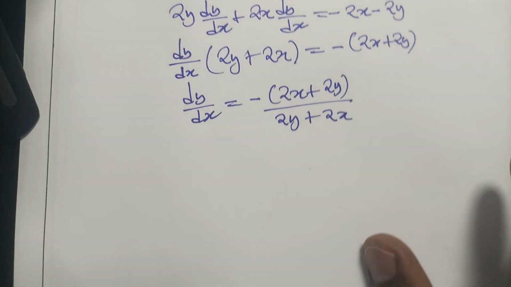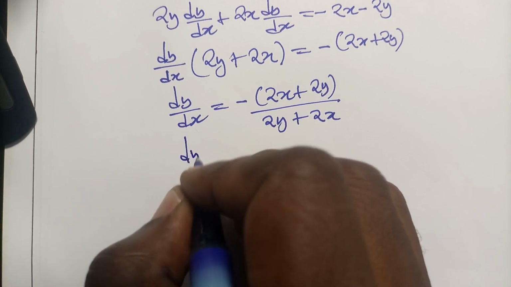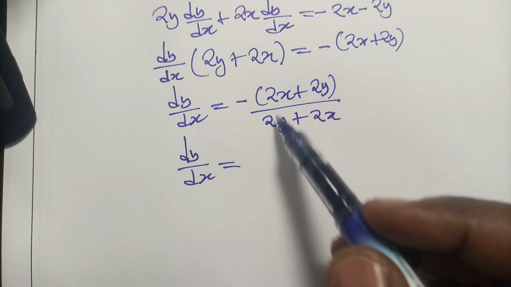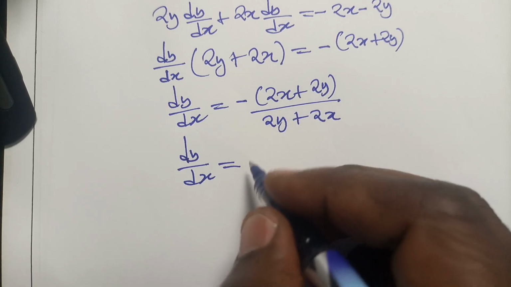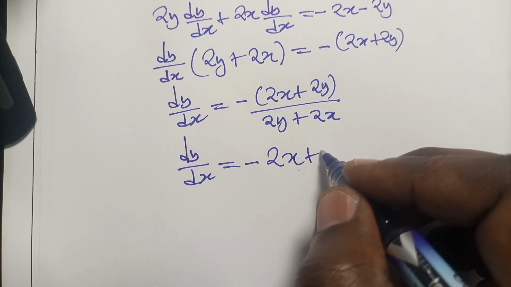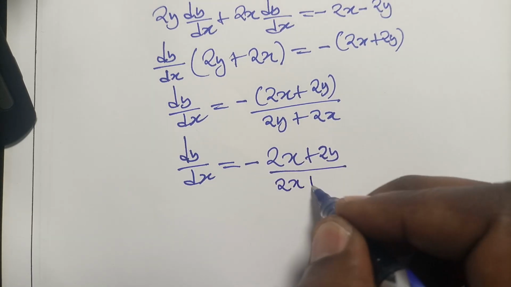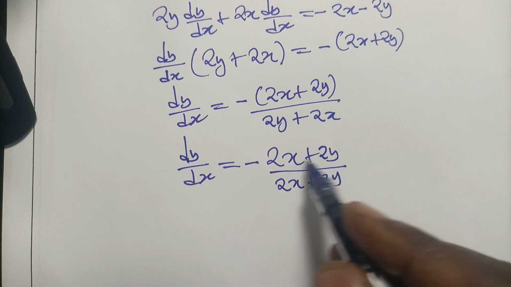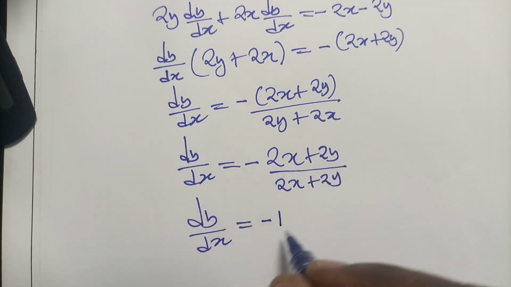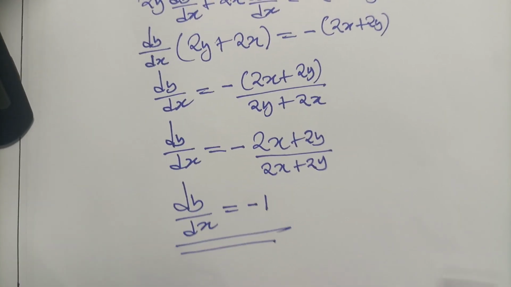Then your dy/dx is going to be equal to negative 2x plus 2y over 2x plus 2y. So this is going to be a 1. So you have dy/dx is going to be negative 1. This is your dy/dx of an implicit function.